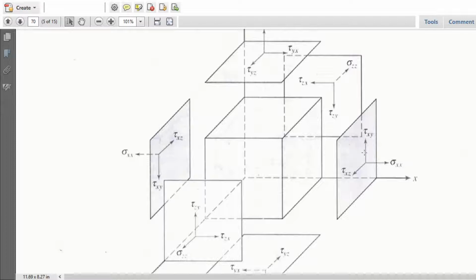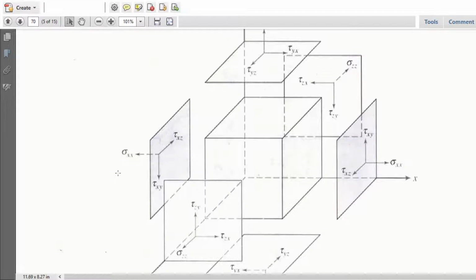So this is the plus x plane, because the perpendicular drawn here will go to the plus side. So the plane is x. If you want to calculate its component in direction x, it would be σxx, its component in direction y is τyx, and its component in direction z is τzx.